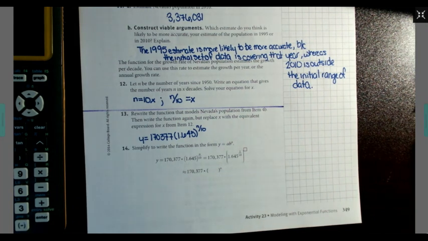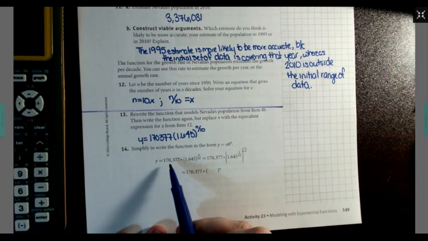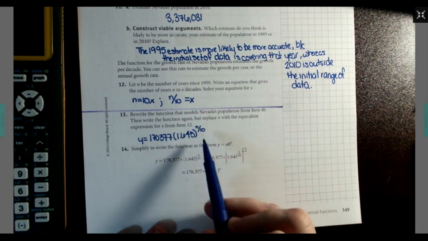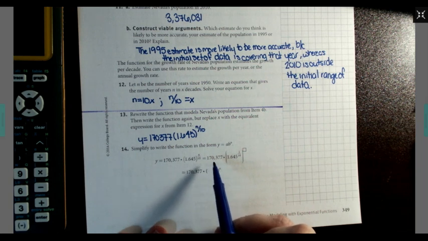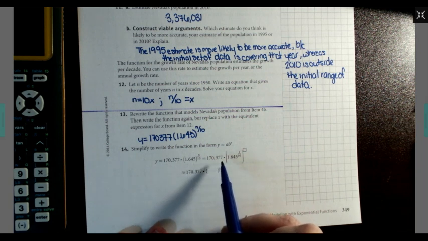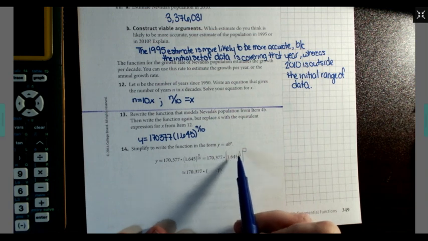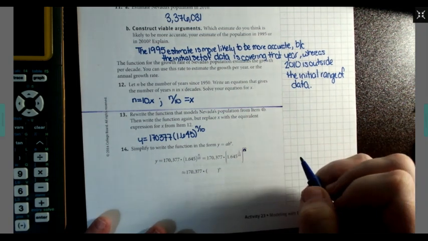Simplify to write the function in the form of y equals a times b to the n power. It says 170,377 times 1.645 to the n divided by 10 equals 170,377 times 1.645 to the 1/10th power raised to the n.